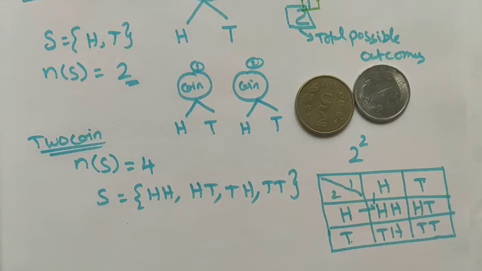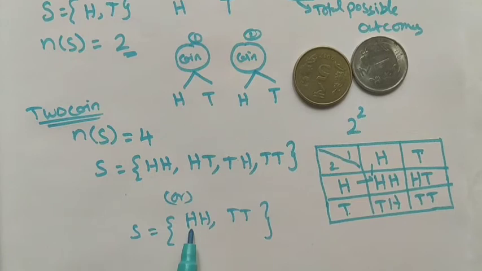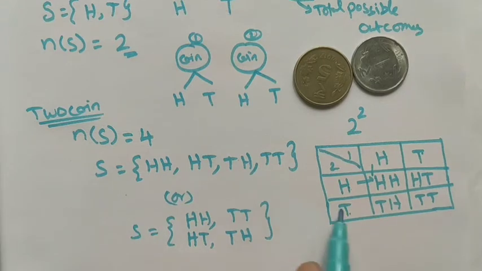Either we can use this format, or another short method: put both head and then both tail, and then first one head means second one we choose tail, head tail, and then change the order, tail head. Any one of the methods you find convenient to write the sample space for 2 coins.